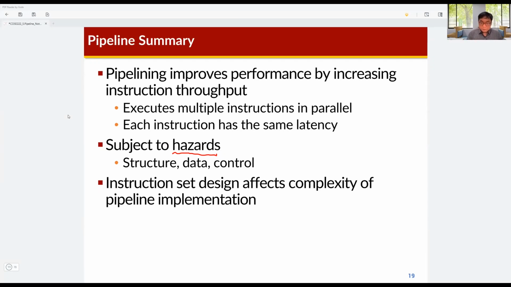But if the branch is true, that means the condition of the branch is true, then the PC should be the target of the branch, not the next PC. So instead of using PC plus 4, we need to calculate the target PC of the branch instruction.